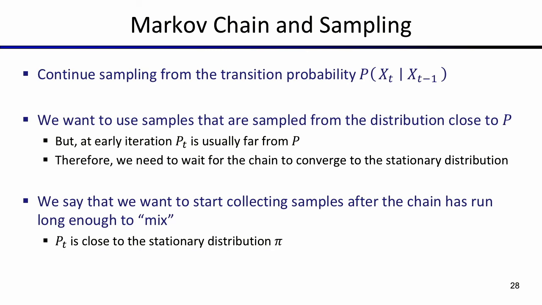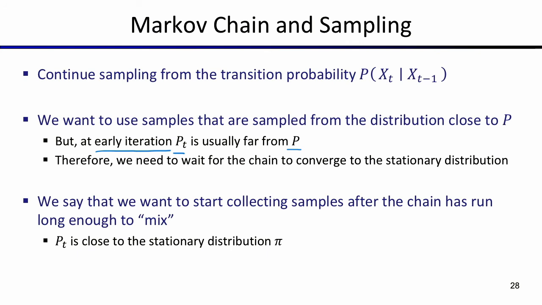And that is the most difficult part of using the Gibbs sampling, to find when our Markov chain has reached the stationary distribution. So the idea is that we want to sample from the chain when the distribution has reached the stationary distribution. Usually at the early iterations PT, we are far from the distribution P that we are interested in.